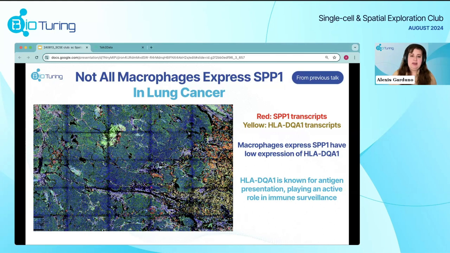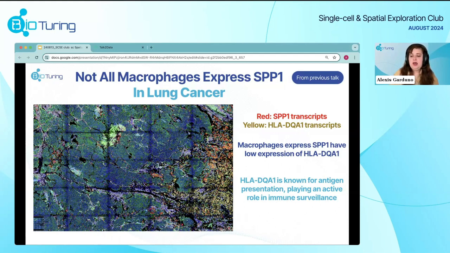Interestingly, we observed an inverse correlation between the SPP1 and the HLA-DQA1 expression. While the HLA-DQA1 transcript is known for its antigen presentation, the function of the SPP1-high macrophages remains unclear. We're able to see that as well within this data set and the overlay transcript information.